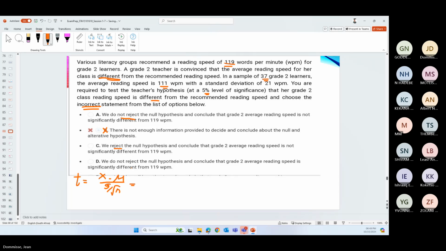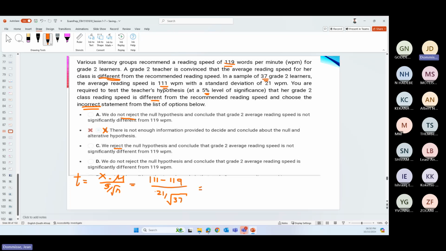So let's quickly just see: X minus mu. 111 minus 119, divided by the standard deviation of 21. Okay, this is going to be a weird number because we're dividing by the square root of 37.